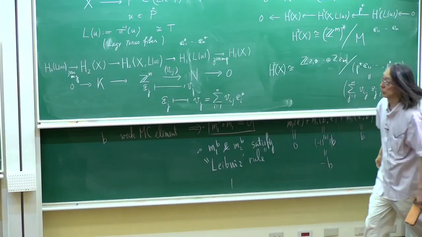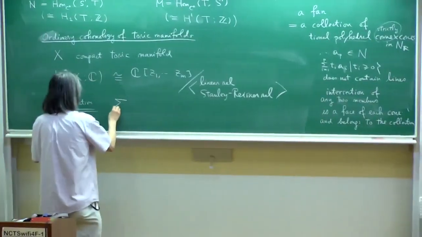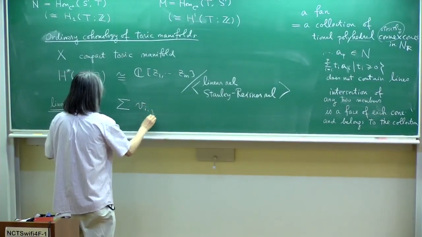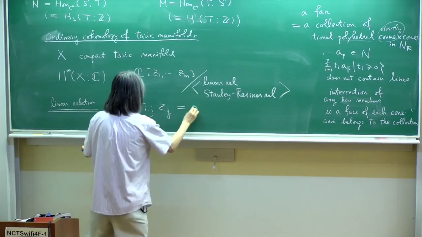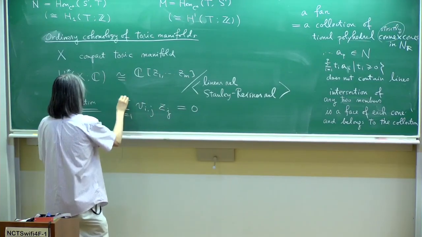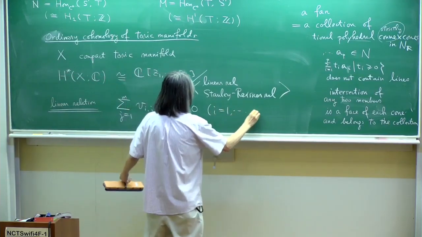So this is a linear relation. The linear relation is written as follows: the sum over j from 1 to m of vij zj is equal to 0, for i from 1 to m.